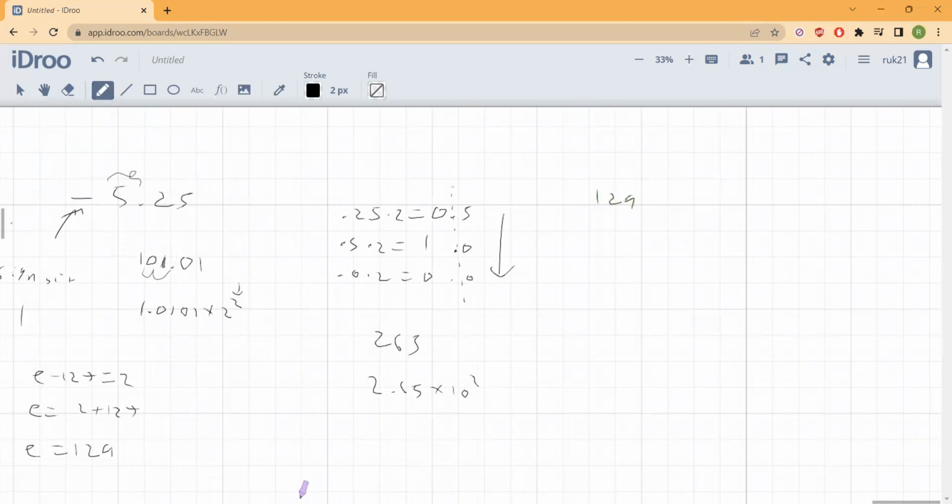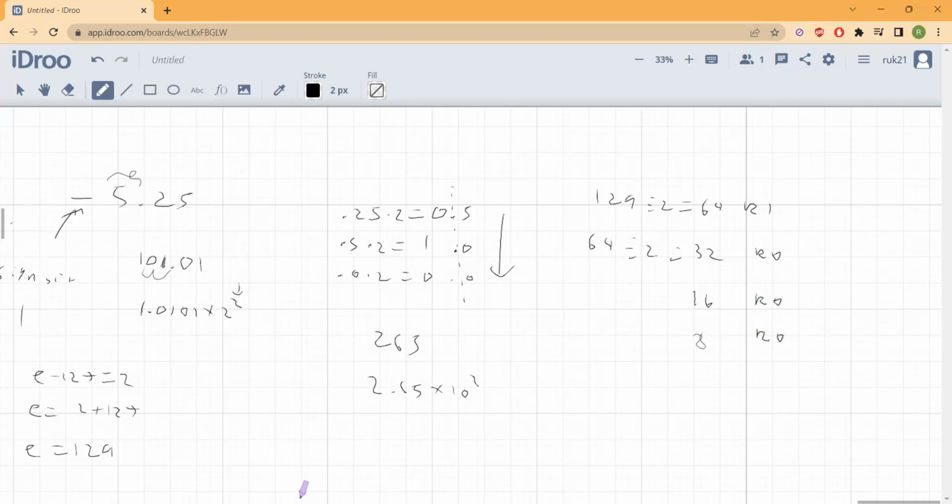So 129 divided by 2 is equal to 64 remainder 1. And 64 is a really nice number. 64 divided by 2 is going to give us 32 remainder 0. 32 is going to give us 16 remainder 0, 8 remainder 0.